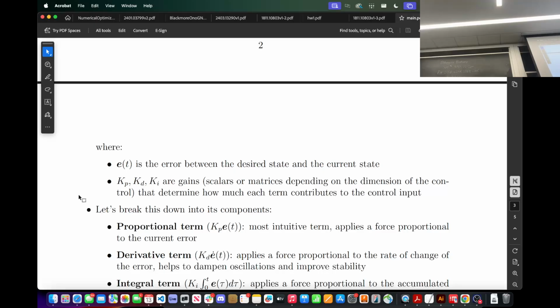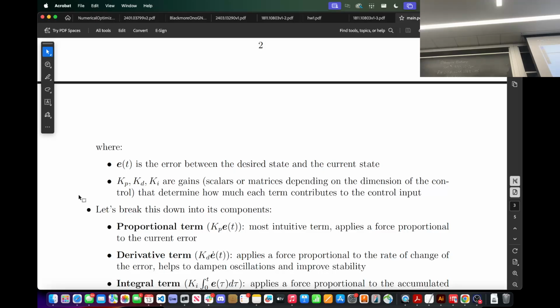If you have a derivative term, it's going to dampen these oscillations. Someone want to qualitatively describe what kind of line I should draw? The sine should get smaller in magnitude. Yeah, exactly, like the amplitude, right?